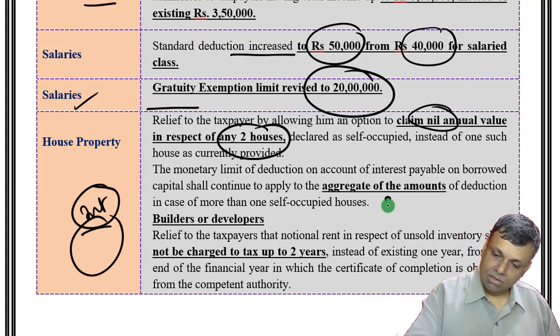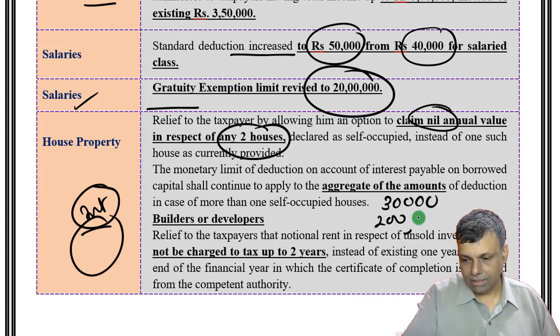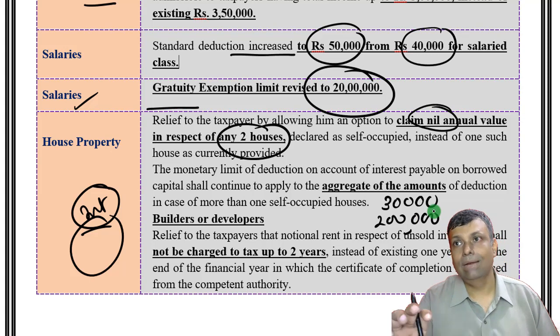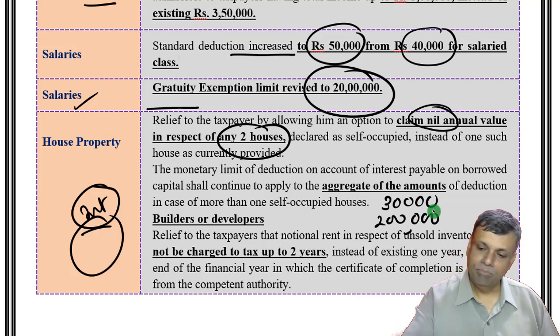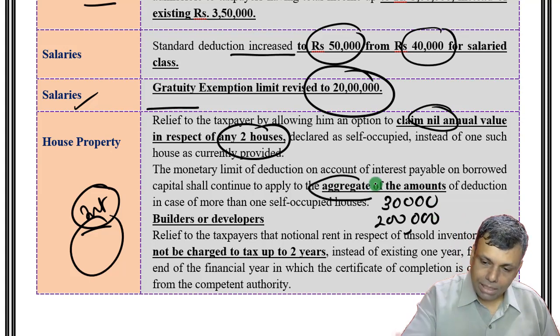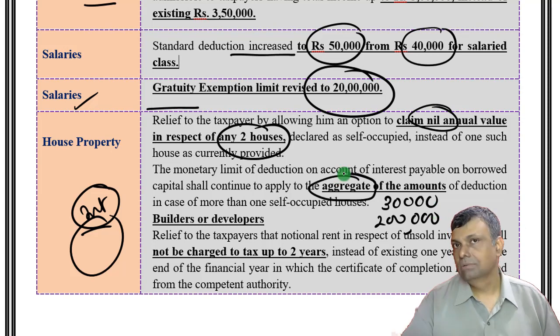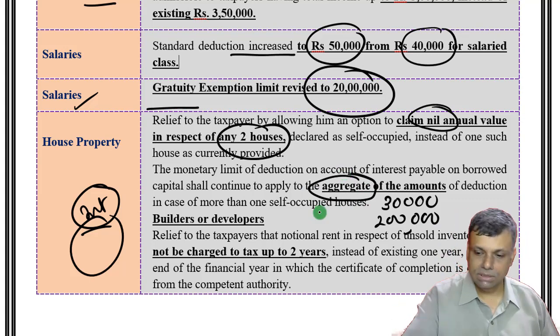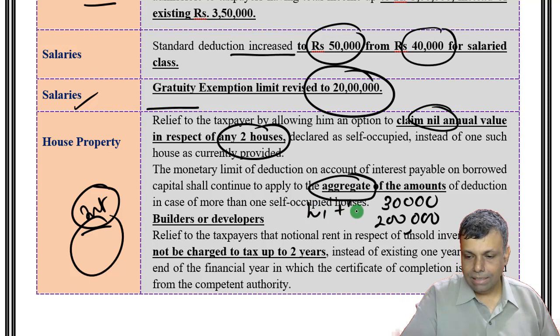Okay. So we had a 30,000 limit. Listen very carefully. Another limit for SOP was 2 lakhs of rupees, depending on how and why the loan was taken. Now it has been said that the interest limit will be on the aggregate amount. Supposing you had two houses, house 1 and house 2.